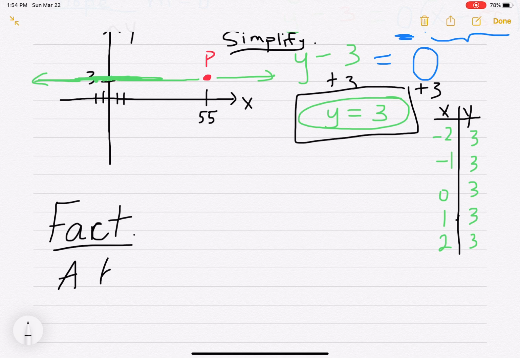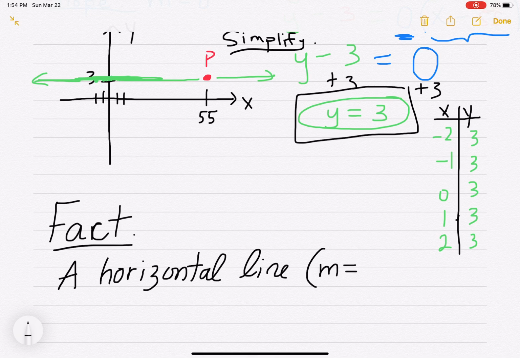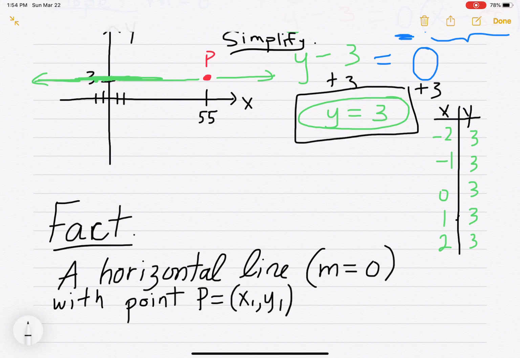A horizontal line, that means the slope is 0, m equals 0, with a point, let's call the point (x1, y1), has equation y equals y1.